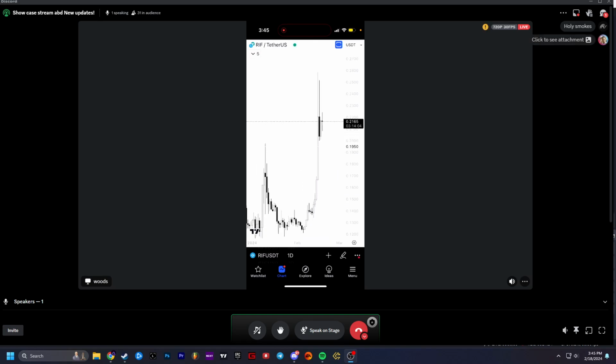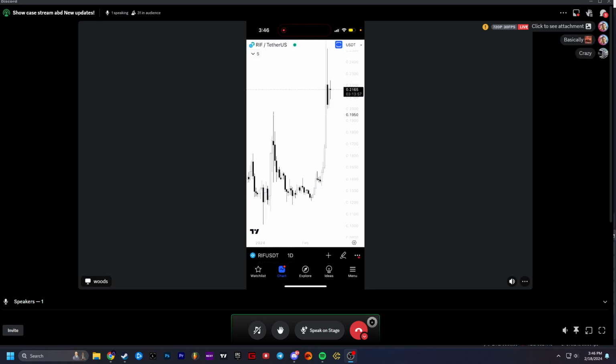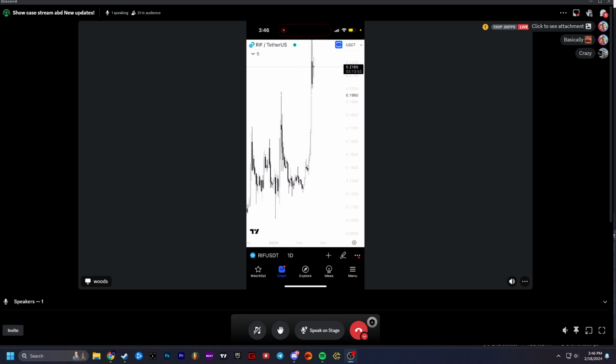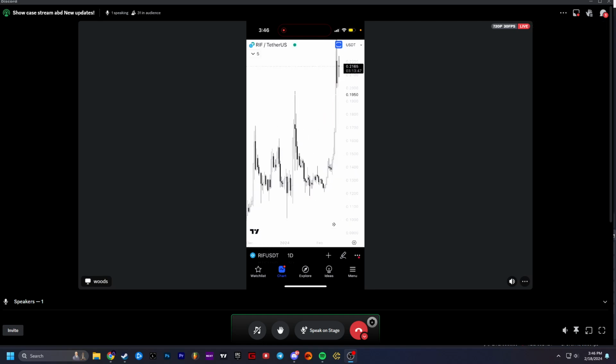You know what it's doing right here too, guys, is it uses a lot of confluences. And one of the confluences it's using here is simple. Look at this. It drops, loses structure, and you have a clear line of support and resistance right here.